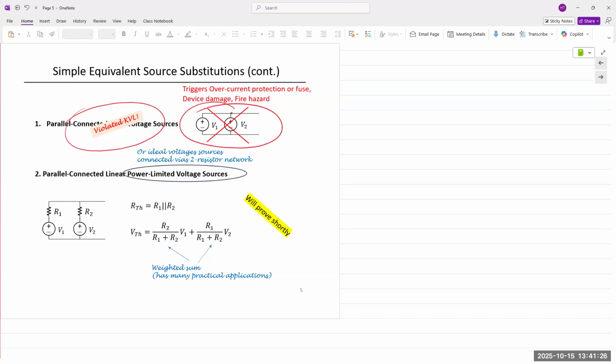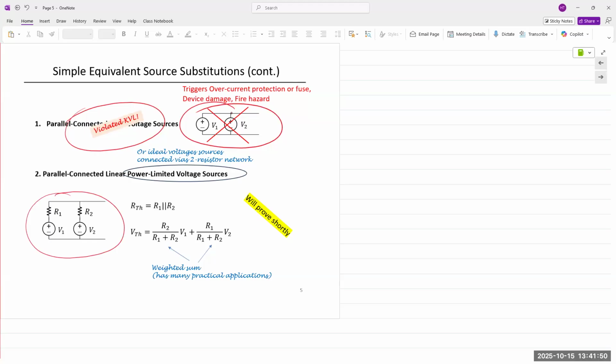However, if you have a real life power source which has some resistance, we still would not want to have two dissimilar voltages connected together unless we have significant resistance in the line. But let's say we do have a connection like this.